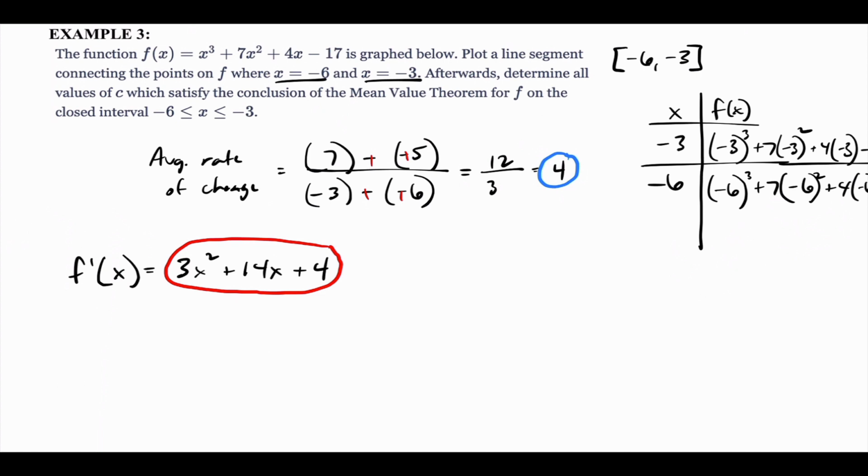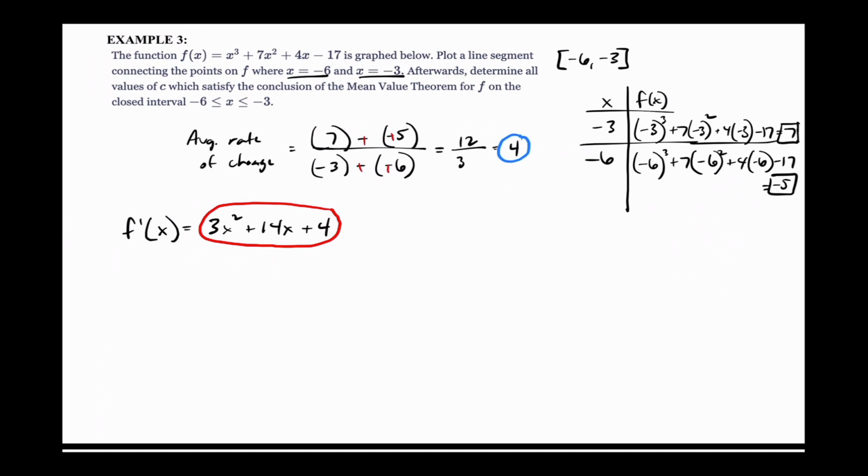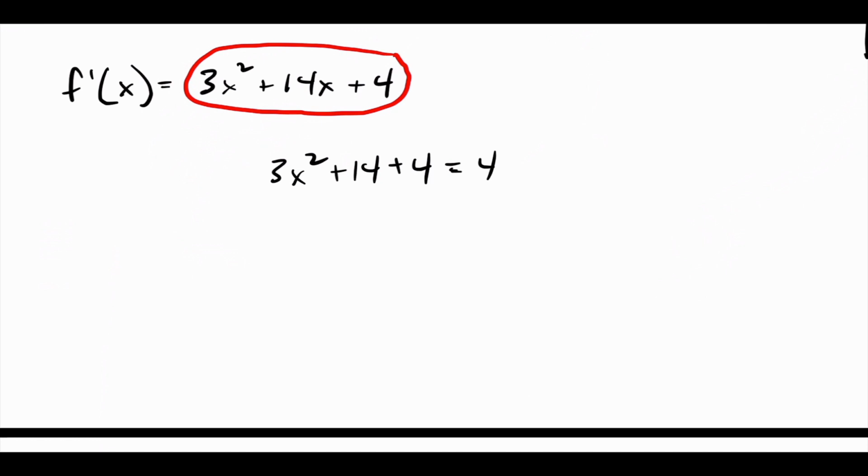Set them equal to each other and solve for x. Subtract 4 from both sides.